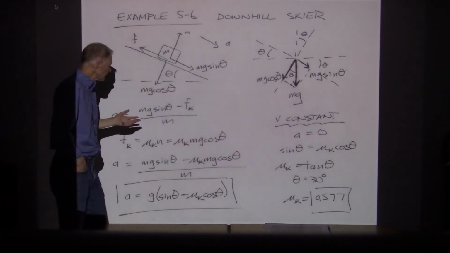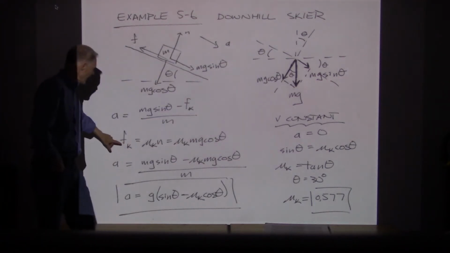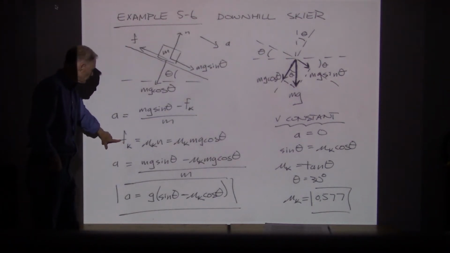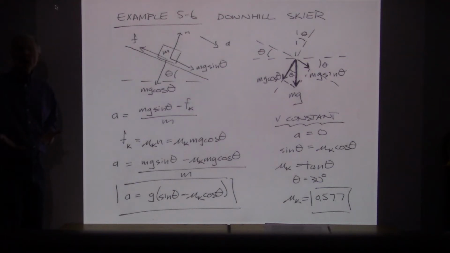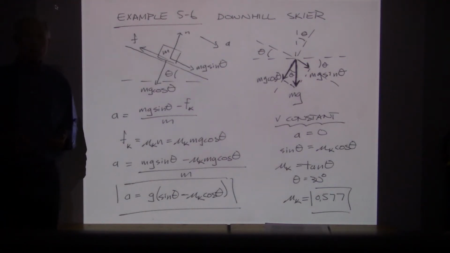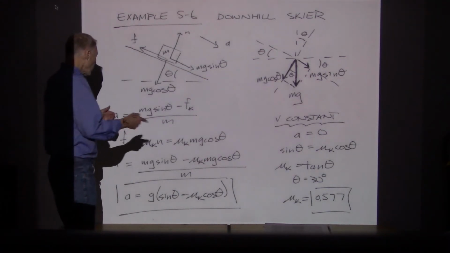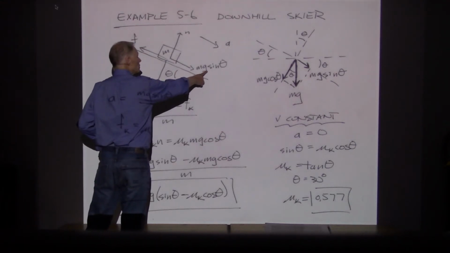So that n substitutes in, and now we have a frictional force of kinetic friction, mu sub k mg cosine theta. So now we know how much to subtract off away from the mg sine theta.